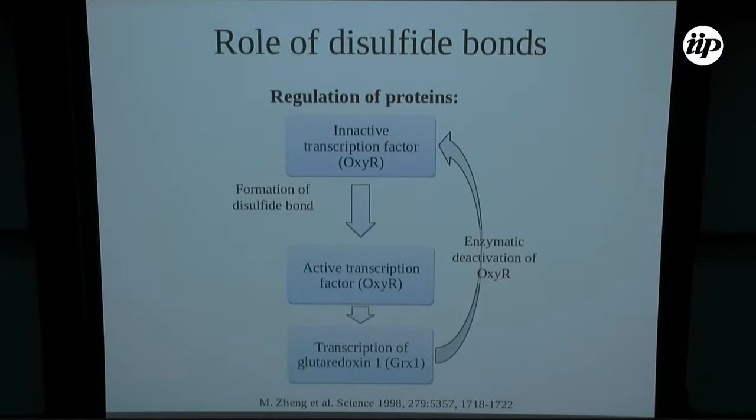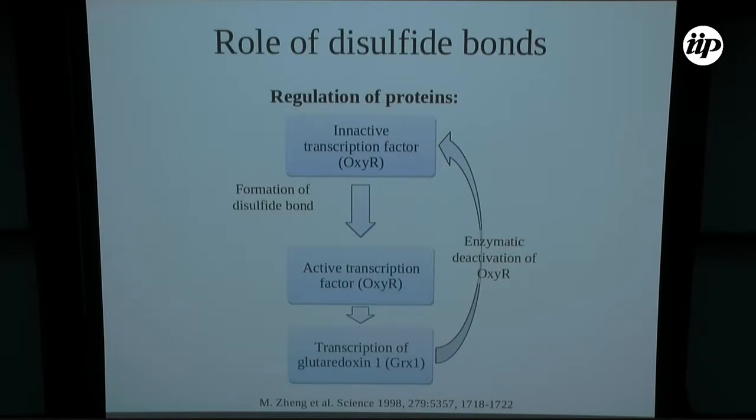However, when there is oxidation stress, there is activation of the transcription factor of the oxidoreductase. It was proven directly in this publication that formation of the disulfide bond is essential for the transcription of glutaredoxin 1. But once it is formed and we come back to the correct reducing environment in our cell, there is a deactivation of the transcription factor.